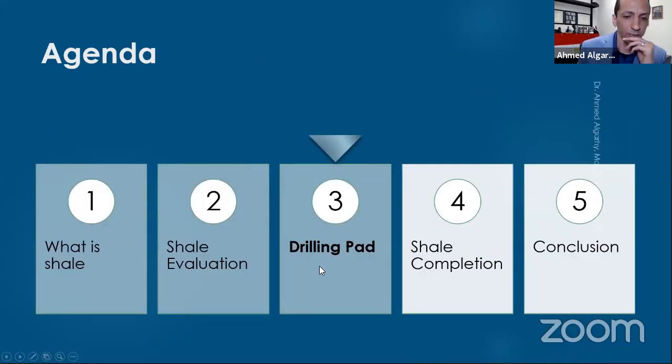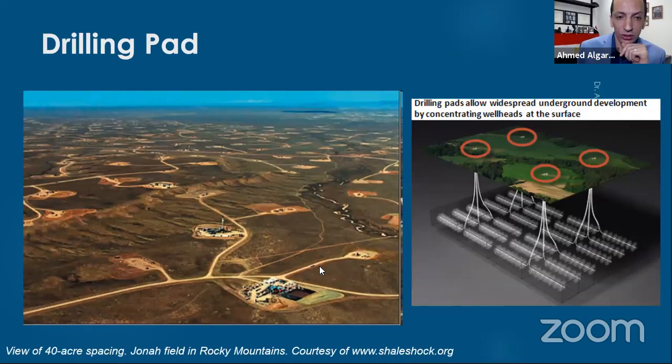Let me tell you something special about drilling for organic shale. We have something we call a drilling pad. A drilling pad is just one small location on the surface, and I use it to drill up to 12 wells from the same place.